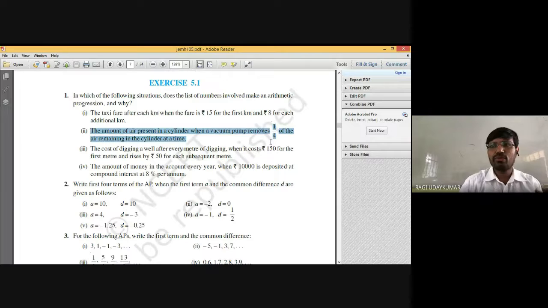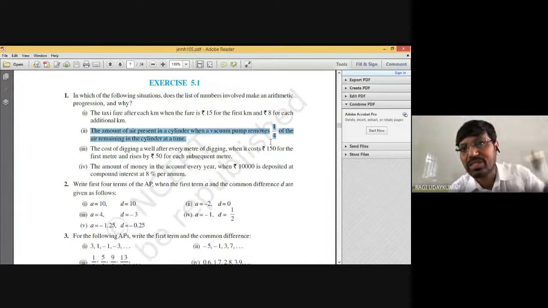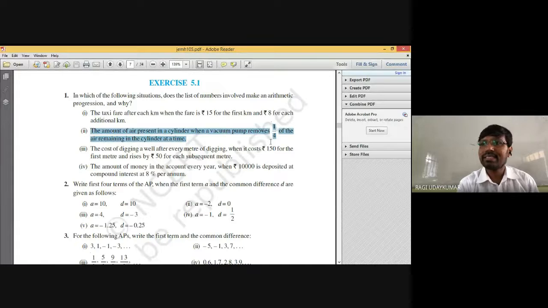Yes, 400, then 300. Next, from 300 again 1 by 4th is removed. So we are removing 1 by 4th of the air presently in the cylinder, not a constant number. It is going to change. If we were subtracting a constant number, then it would be an arithmetic progression.